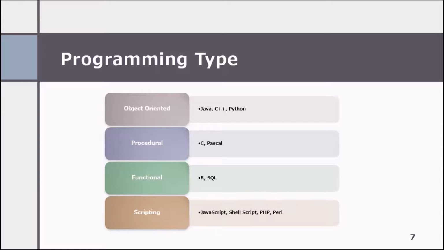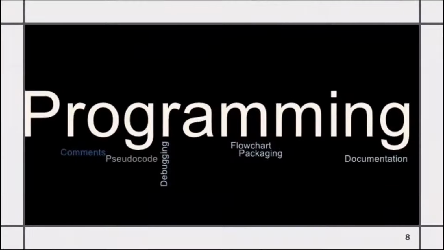Most popular ones are JavaScript, Shell script, PHP, and Perl. And overall, programming is not just about using programming language, but it involves various core activities such as creating flowcharts, pseudocode, refining algorithm, and documentation, which enables software highly maintainable and extensible in long run.